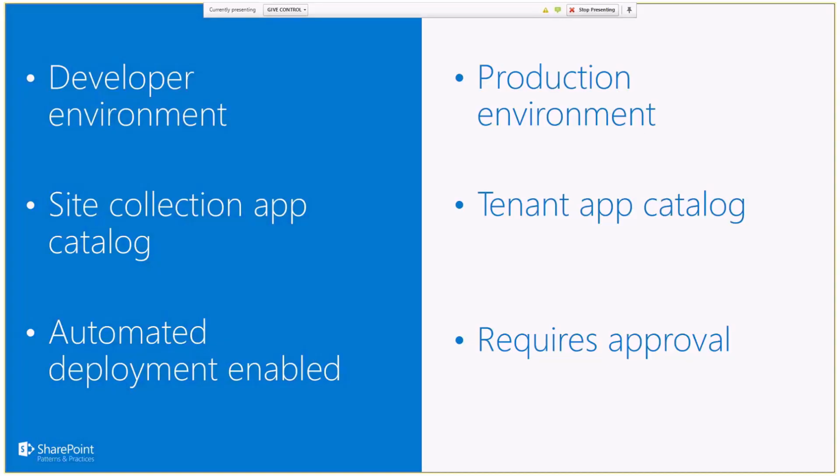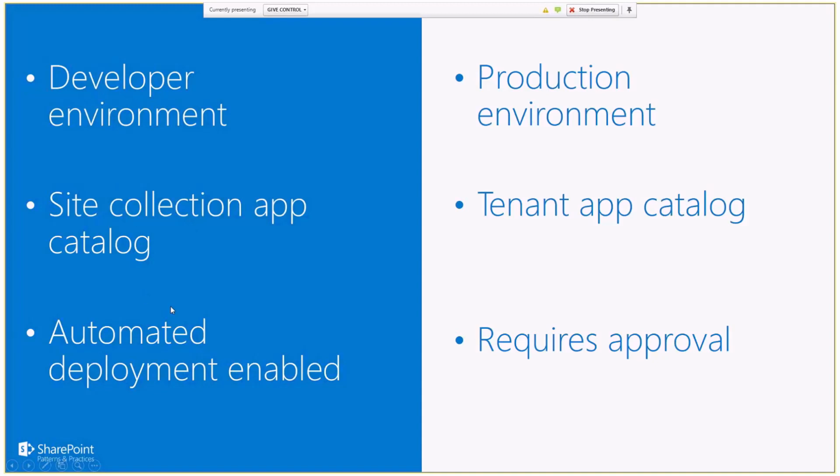For today's demo, I'll go with just a development environment and a production environment, and I'll show you how you can automate that pipeline. For the developer environment, we'll be using a communication site with a site collection app catalog, so we can deploy our SharePoint Framework solution there, in an automated way.